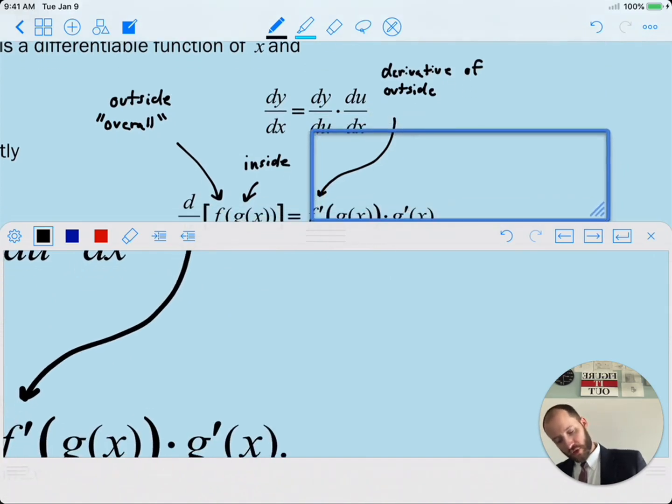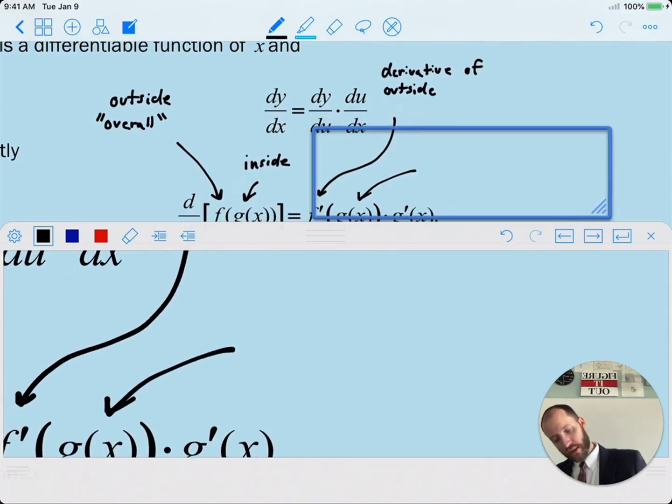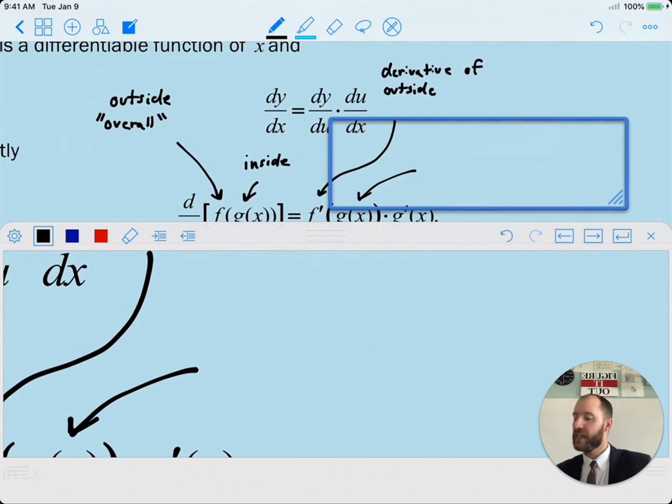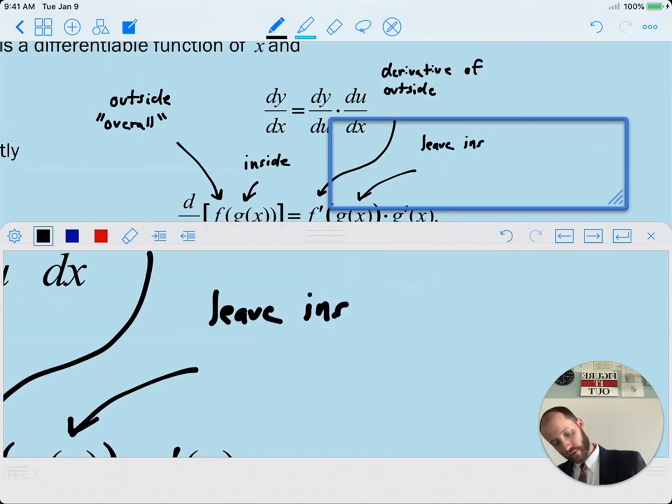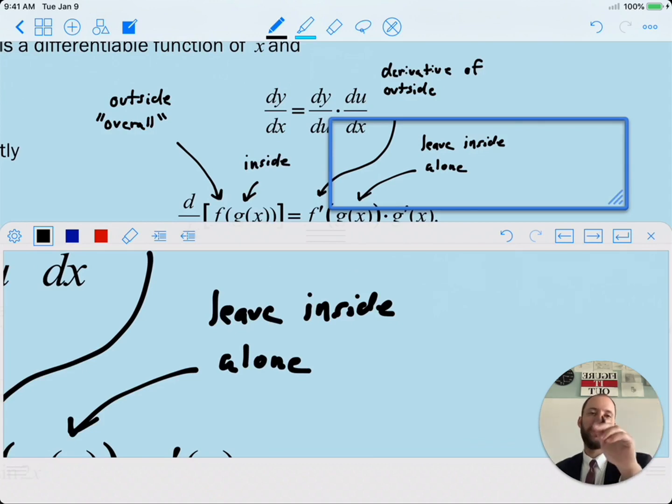And then you do f prime, and then g, just leave the inside alone. So f prime, derivative of outside, g, leaves the inside alone.